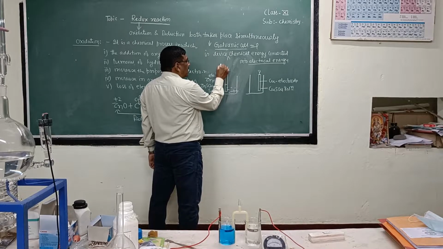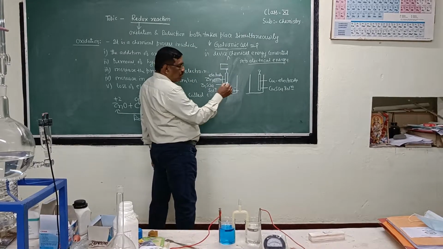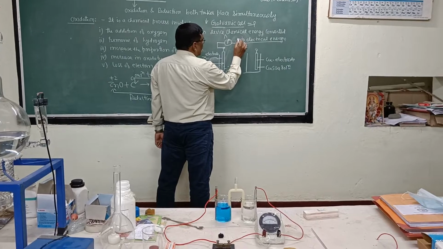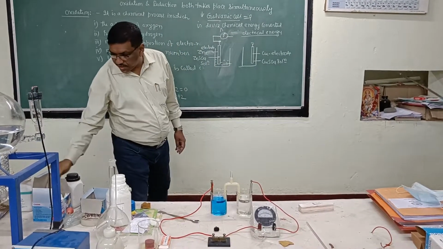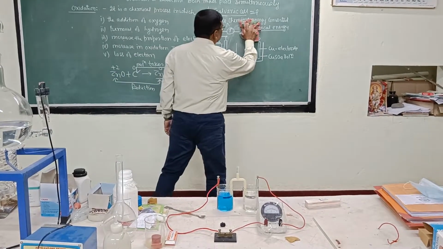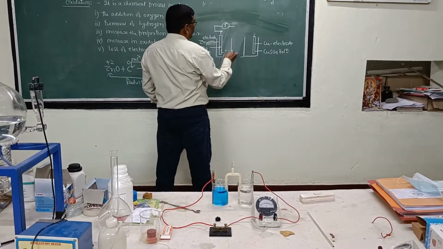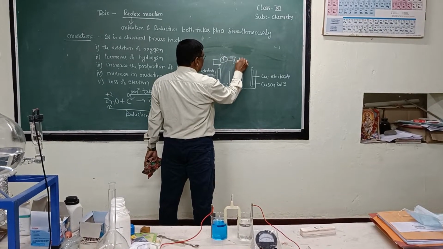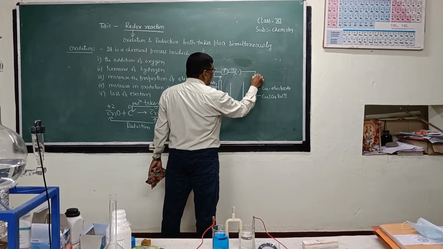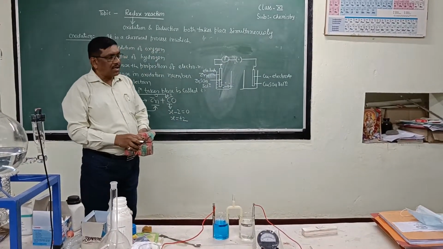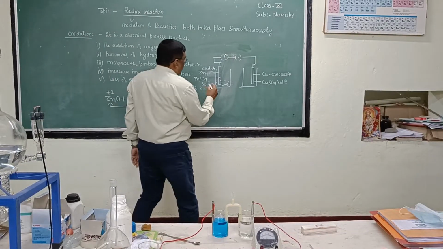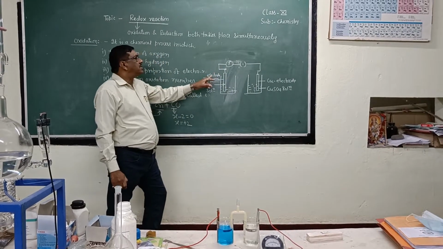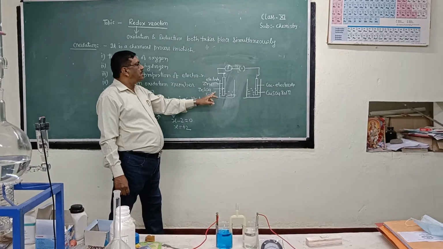The zinc electrode is connected through connecting wires provided with a galvanometer, with a key and jockey, and connected with the copper electrode. Now let us see once more how this apparatus is set up and how the galvanic cell is represented.